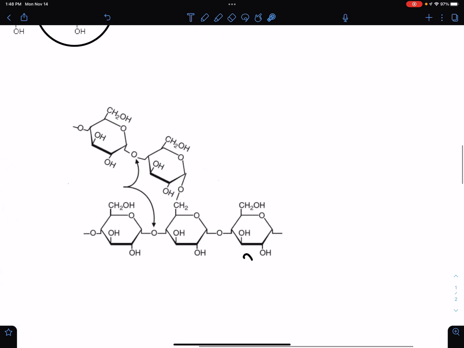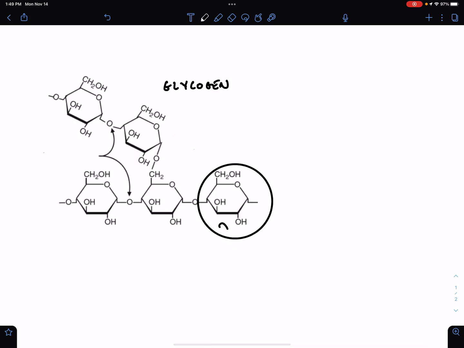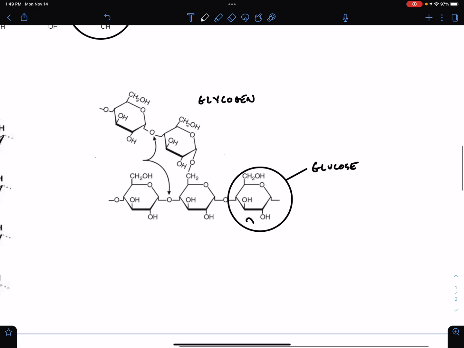Animals store carbohydrate energy in a slightly different form from plants. We store it as glycogen. Glycogen is also composed of glucose monomers. But the way that glycogen forms a polysaccharide is through branched chains of glucose.